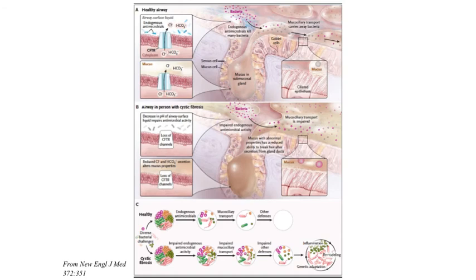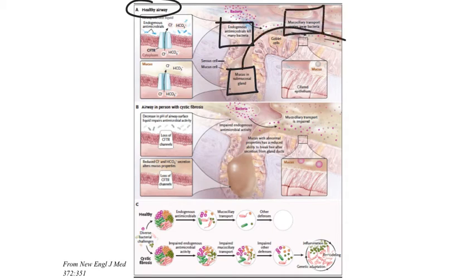This image illustrates the pathophysiologic process in the lungs more specifically. In a healthy airway, mucus in the airway lumen contains endogenous antimicrobials and is also fluid enough to carry away bacteria from inside the lungs, resulting in airway defense.